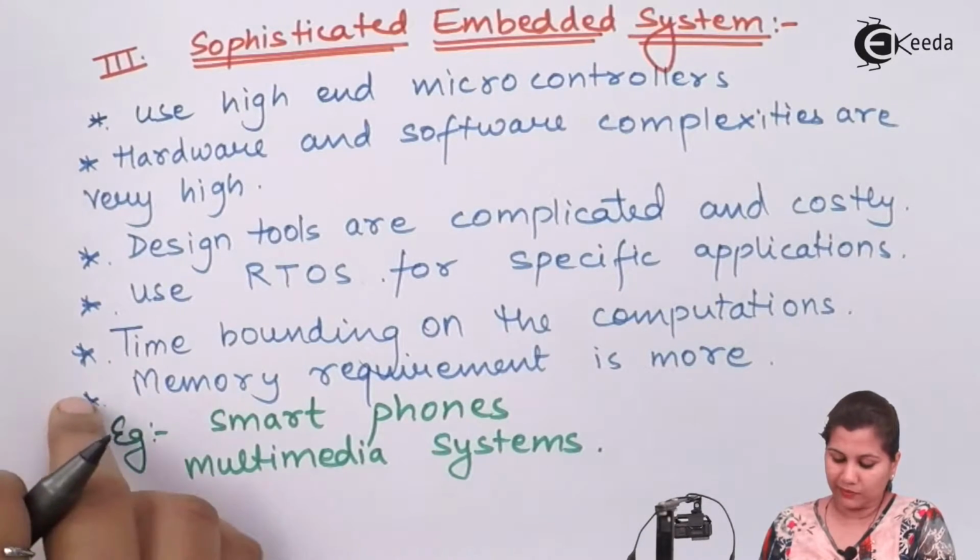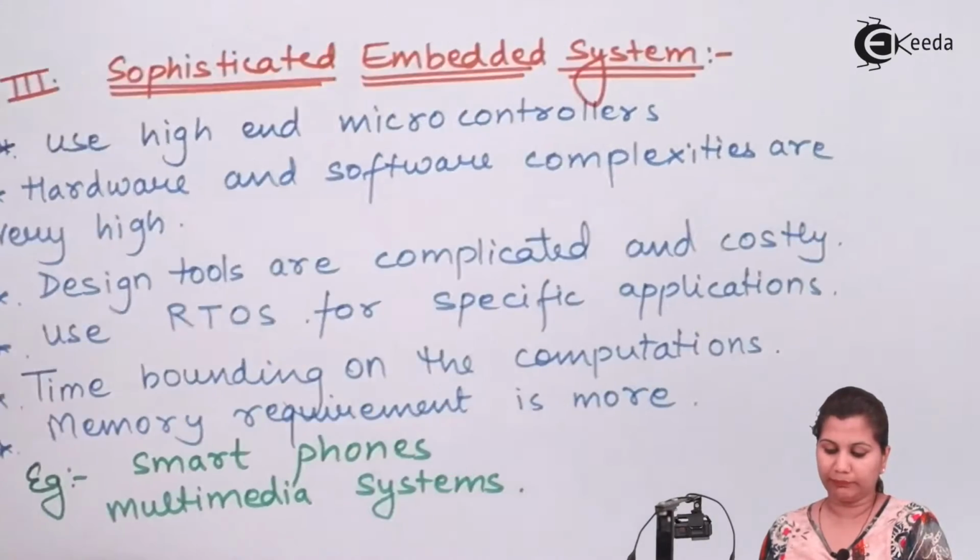Now, as we have studied, embedded systems are classified into three categories: small scale, medium scale and sophisticated embedded systems. We have seen their examples also. So let's see the application examples of embedded systems in detail.